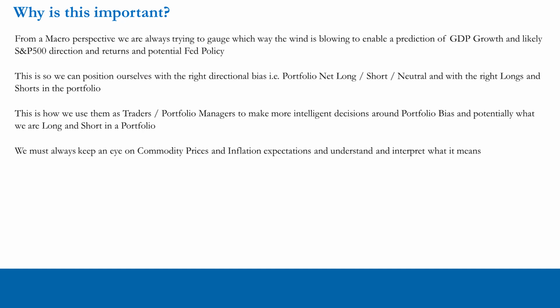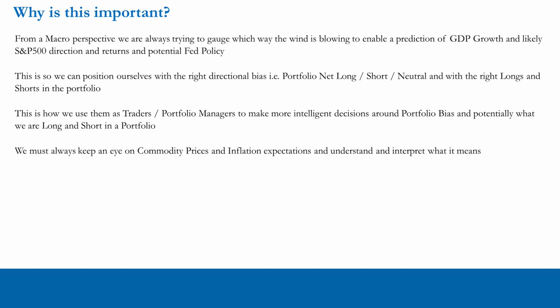Why do we do this? Throughout the PTM video series, it's been clear: we do this so we can position ourselves with the right directional bias, so a portfolio of net long, net short, or neutral positioning, and of course with the right longs and shorts in the portfolio.